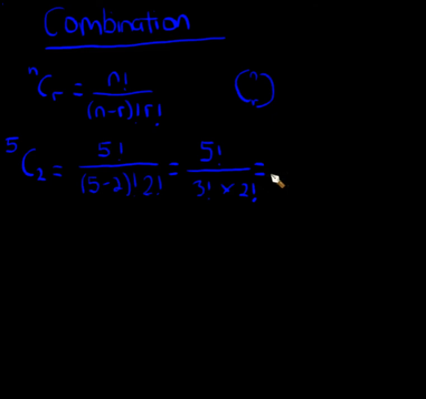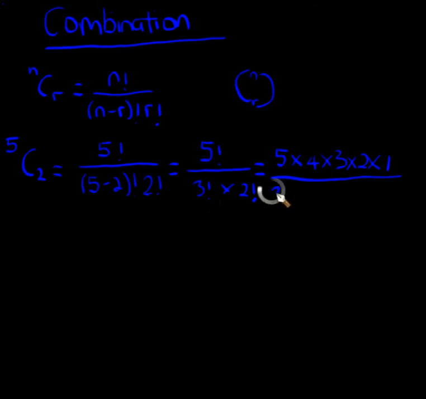So 5 factorial, we can choose to open that up as 5 times 4 times 3 times 2 times 1, right? 3 factorial, we can also open up.